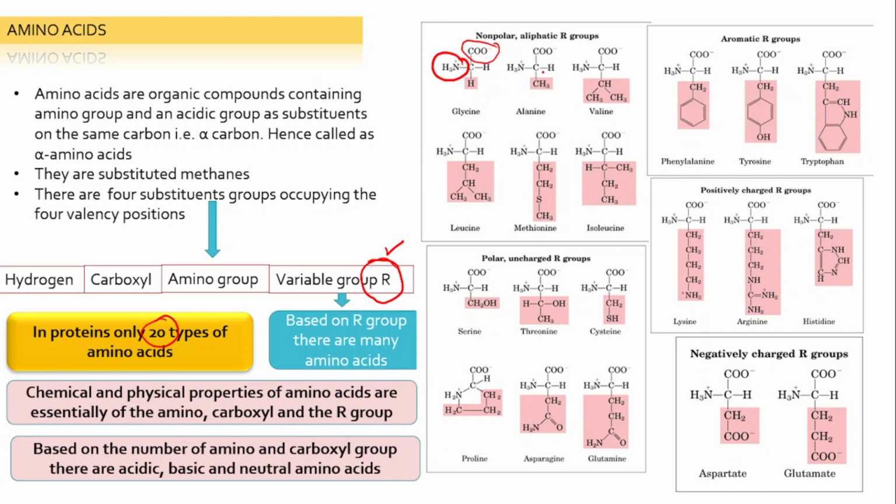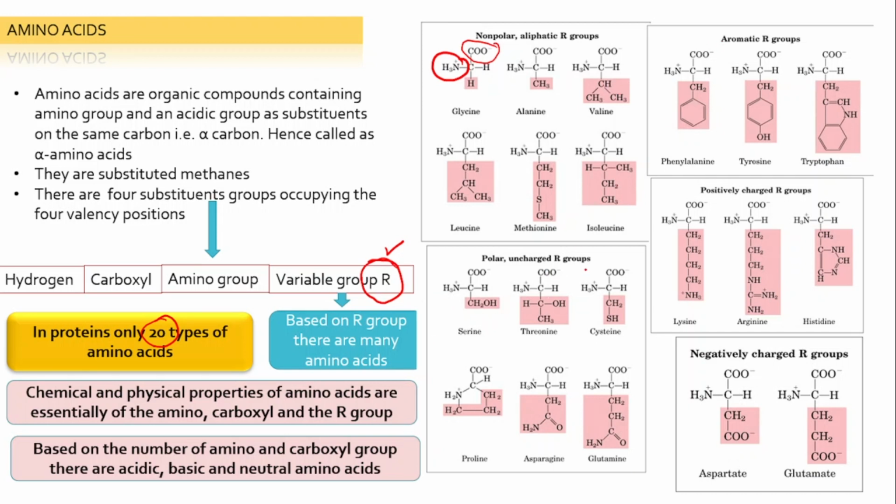And this is alanine, valine, leucine, methionine, isoleucine. These are non-polar aliphatic R groups. Whereas polar uncharged R groups, polar meaning uncharged R group, we have serine, threonine, cysteine, proline, asparagine, glutamine. These are the examples which come under polar uncharged R groups.